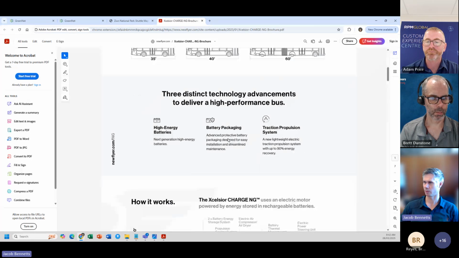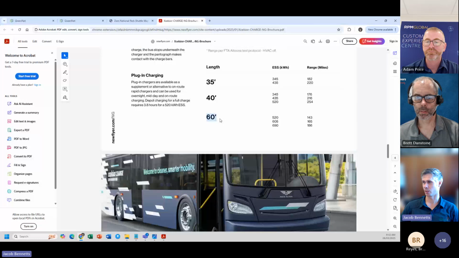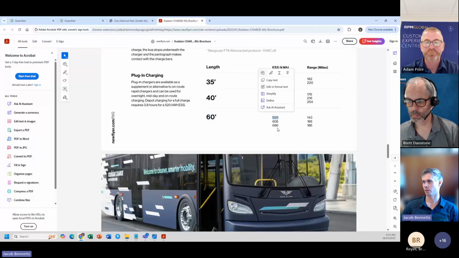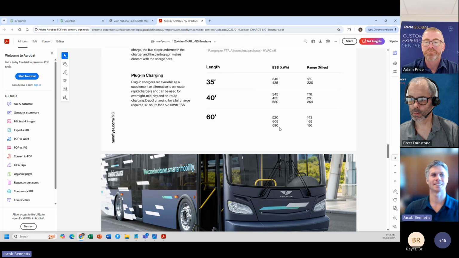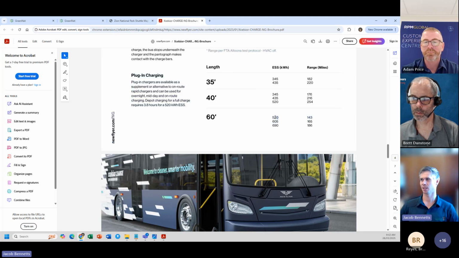I'm not sure which one the government there chose. I know they used the 60-foot, and they had a 520 to a 690 battery. So I'm not sure what modelling they did, but our modelling says that any one of those sizes would have been perfectly fine. The 520 would have been the cheaper option, of course, and that comes back to cost. I don't want to overspend as well.